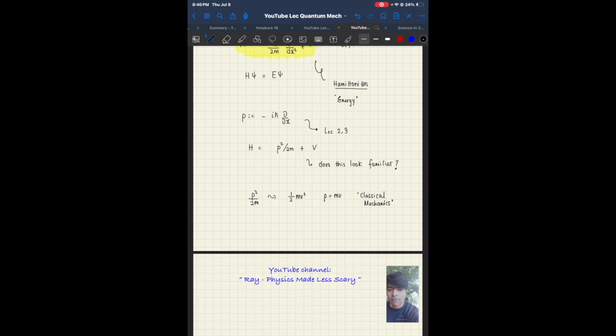So you see, even in quantum mechanics, this expression reduces to the known expressions, right? So p squared by 2m is your half m v squared, V is the potential energy, so this is kinetic energy plus potential energy, which is given by the Hamiltonian. And that's why, as we had discussed in lecture 2 and 3, this is called the momentum operator in quantum mechanics.